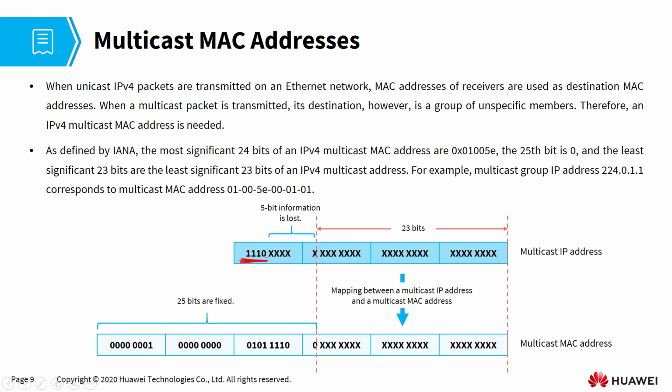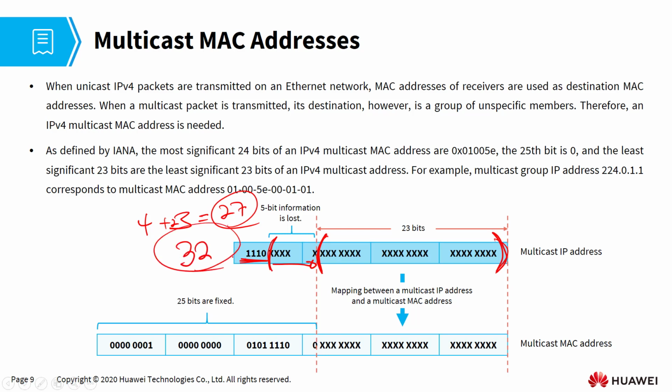Among the last 28 bits of the IP address, from those 28, we use 23, listen carefully, we use 23 to map to the multicast MAC address. What does this mean? The 4 are constant, and the 23 are used to map to the MAC address. That gives us 27 out of an IP address of 32 bits.